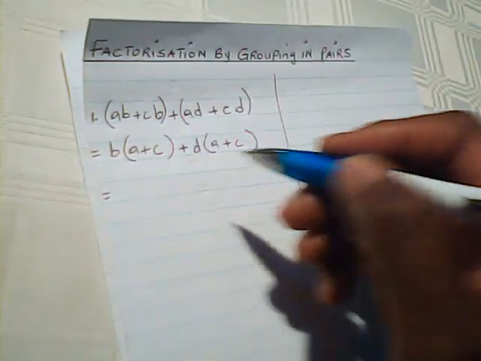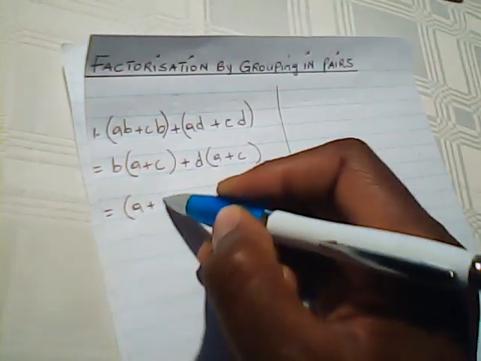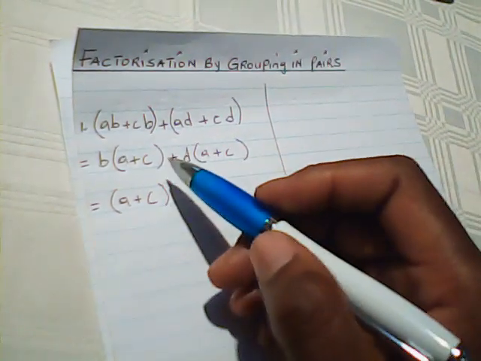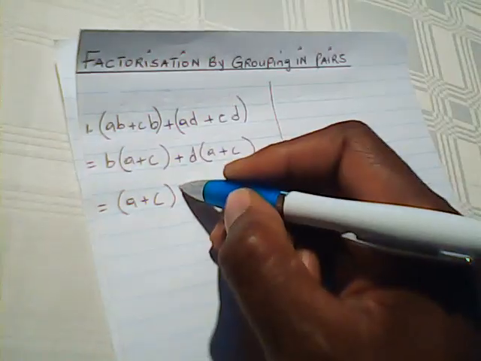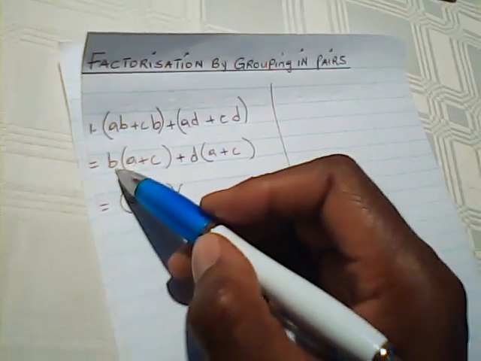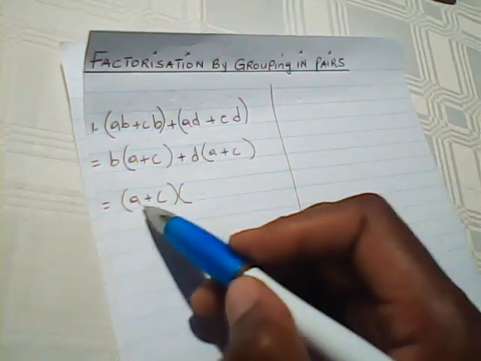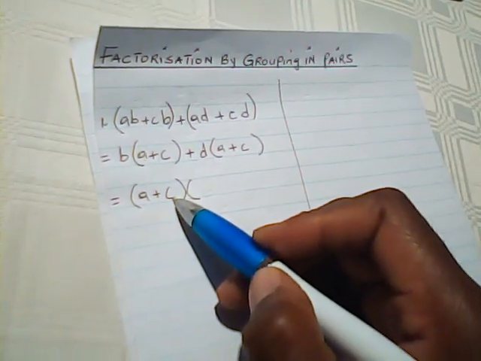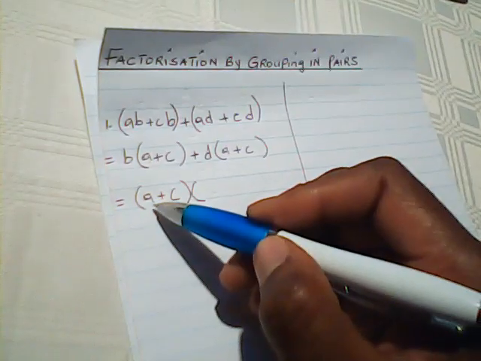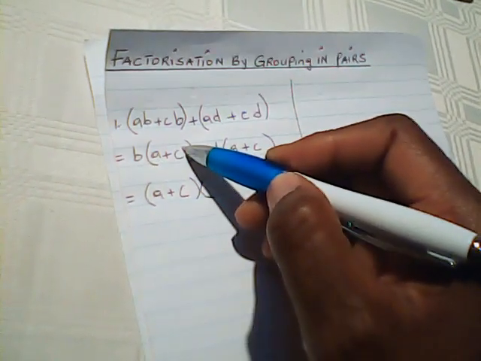So you take one a plus c, and then you divide this. We say, b into a plus c divided by a plus c. What are you left with? In other words, a plus c will cancel a plus c.